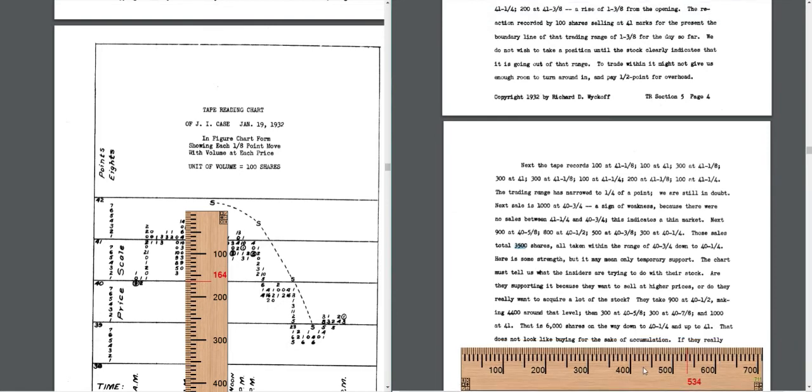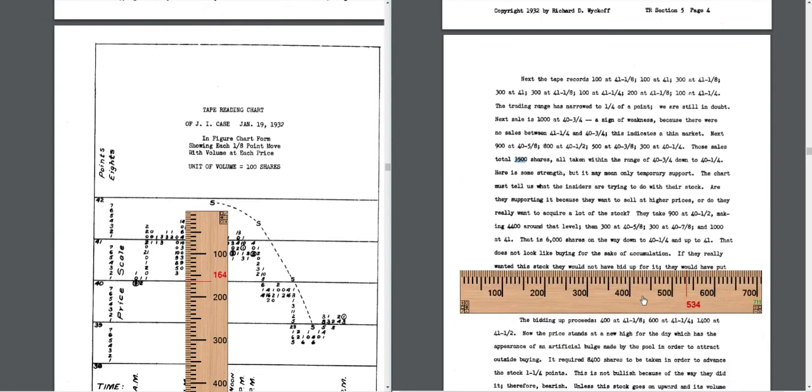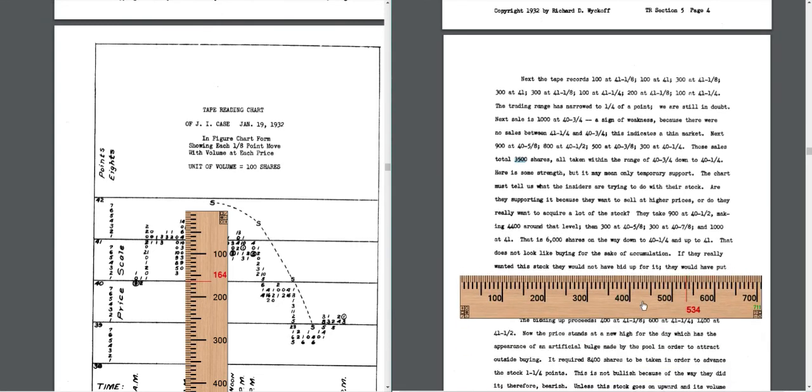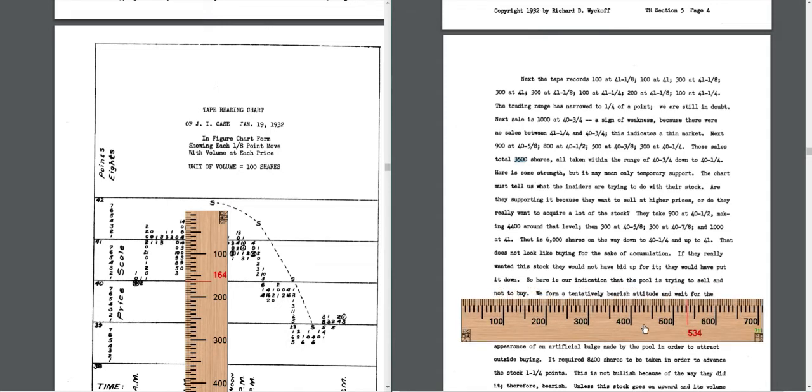That does not look like buying for the sake of accumulation. If they really wanted the stock, they would not have bid up for it. They would have put it down.